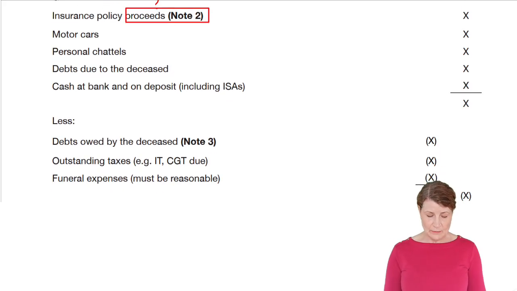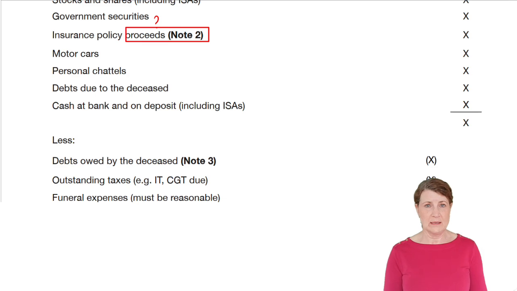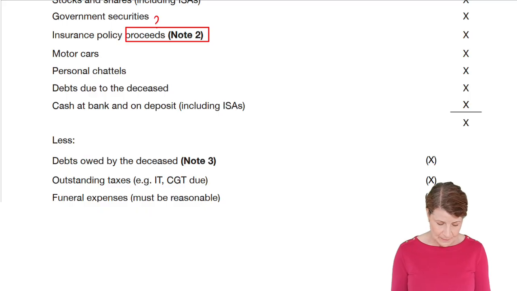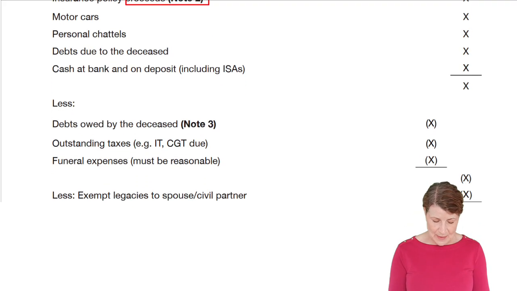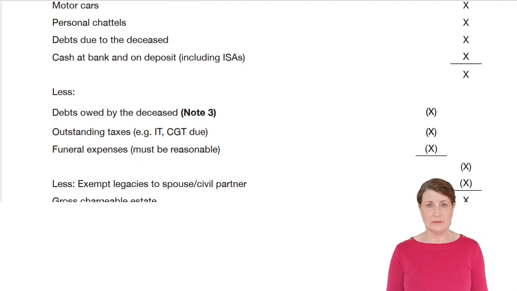If someone owes you money at the date of death, we include the amount they owe you, because that is an asset if you've got a debtor. And we've got cash in the bank, on deposit, building society accounts, savings accounts, and once again, including ISAs. So basically everything that you own at the date of death goes into your death estate.